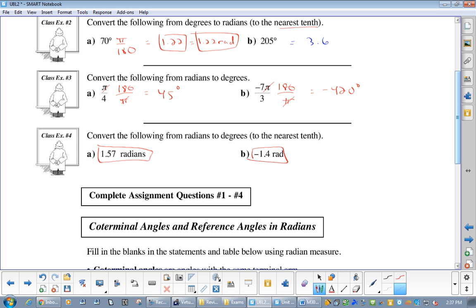There'll always be a pi in there. But it's introductory, so get them learning how to convert back and forth. But because we're in radians, we're going to change to degrees, and we're going to go 180 over pi. Right? And this works out to be 90 degrees. Okay, because 1.57 radians is pi over 2.